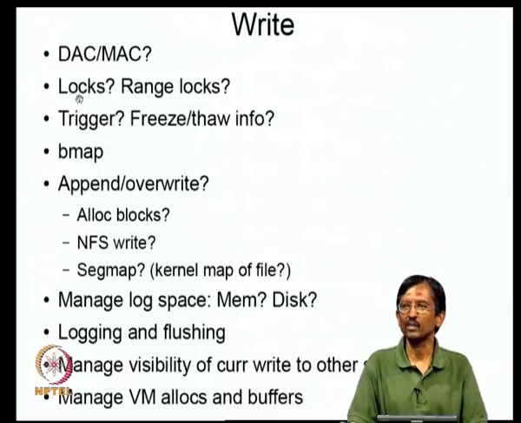If you look at a production quality file system, you will find that in addition to the user visible lock, you might have as many as 30 locks for a single file inside the kernel, because you might have various locks protecting various parts of the file, or the metadata.